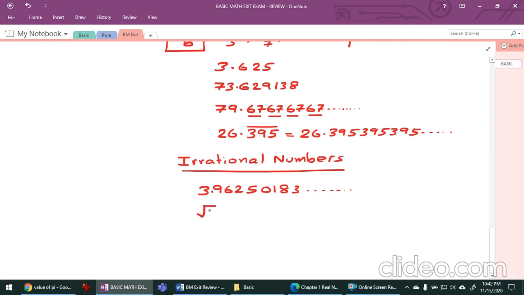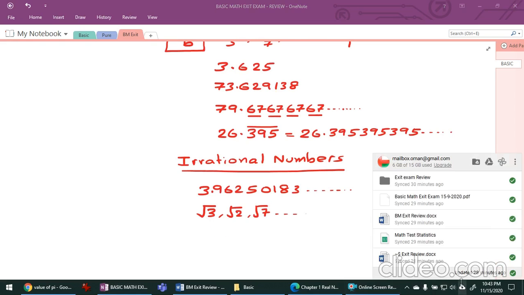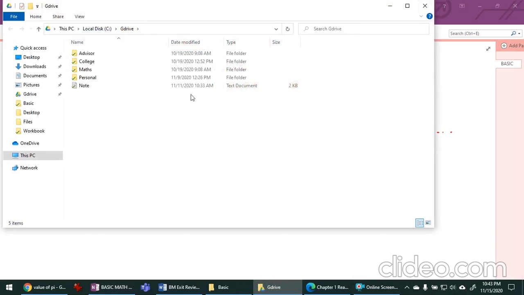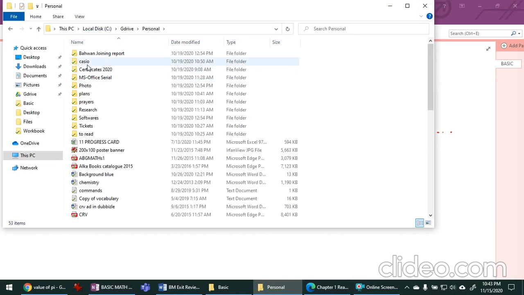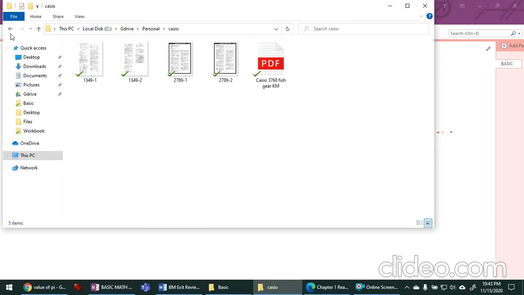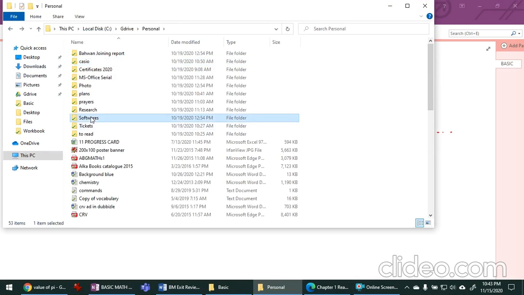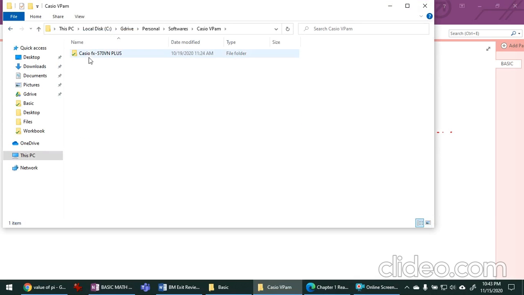Also numbers like √3, √2, √7. We know the answer, but the decimal expansion will not stop. If we take √2 on the calculator, I will show you.